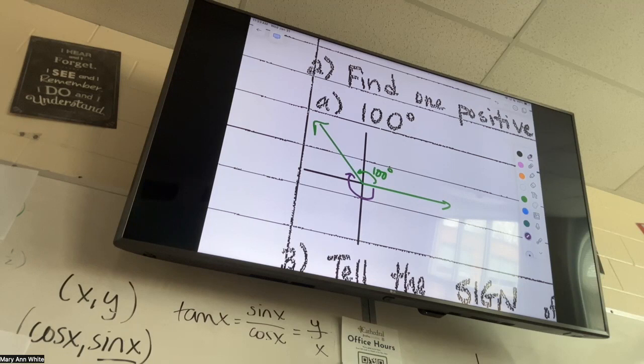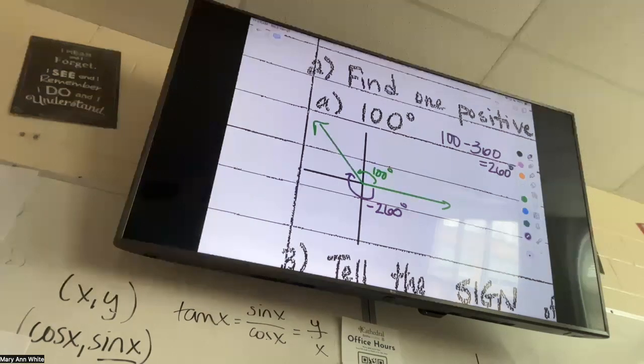How'd you get 260, Chase? 360 subtracted from that 100. I want this to be negative 260, so I want you to do 100 minus 360. Every single time we're going to do the angle given to you minus 360. Every single time. That's one of the coterminal angles.